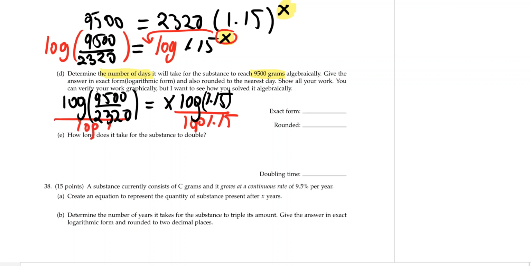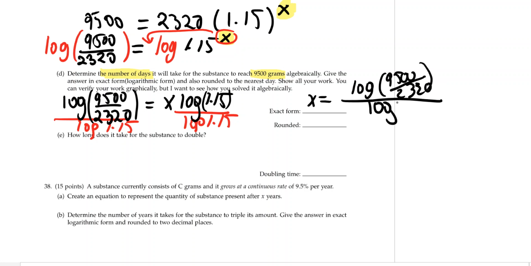That gives me the exact form: X equals log of 9500 divided by 2320, divided by log of 1.15. This is the exact form; you leave the logs as they are.